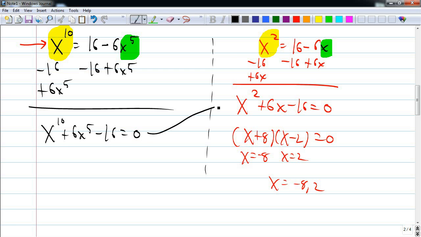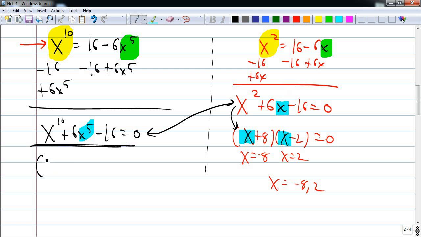These two equations are equivalent to each other. They have the same form, and so I can factor this exactly like I factored this. The only difference is instead of having an x, I have an x to the 5th in my factors.